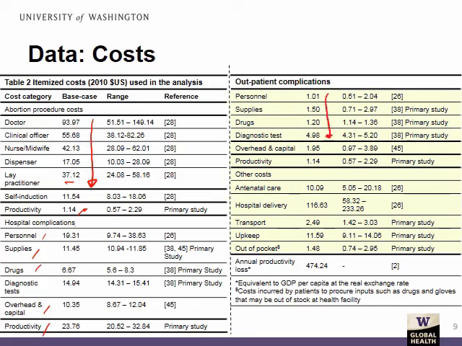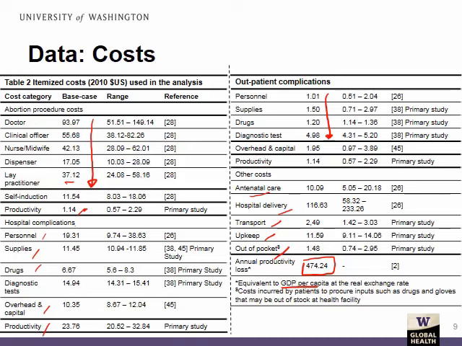And then we had other costs: antenatal care, if you get pregnant, hospital delivery, transportation and upkeep, which are direct non-medical costs, and out-of-pocket payments, which are also direct non-medical costs. And to adjust for productivity losses due to premature mortality, we had an annual productivity loss of $474, which is essentially the GDP per capita at the real exchange rate for the country of Uganda. So these are the data we used.